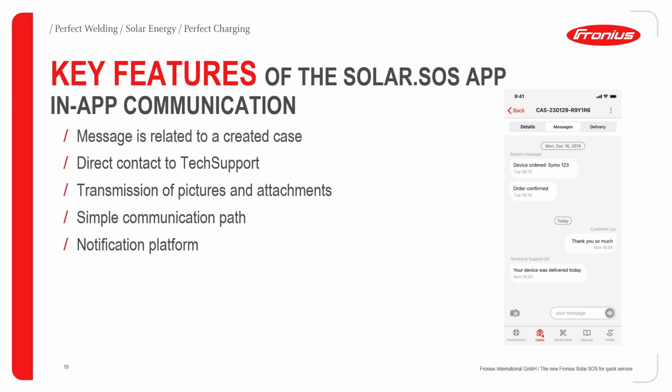It's all collected here for you. And of course, in this message center, you have the possibility to directly contact the tech support and also send through pictures and attachments if necessary, which maybe lead to a faster processing of the case. So it's a very simple communication path, which I can highly recommend to use, of course.